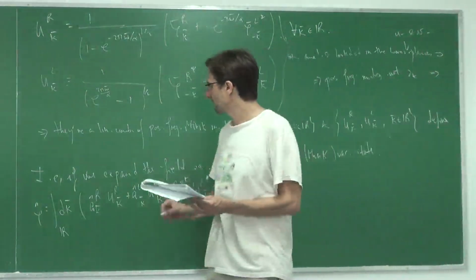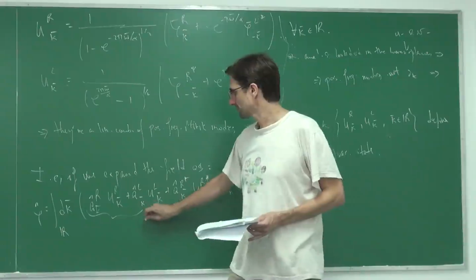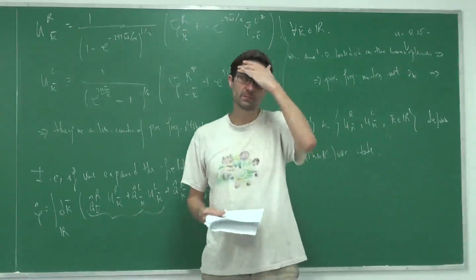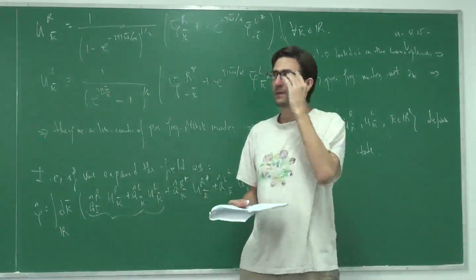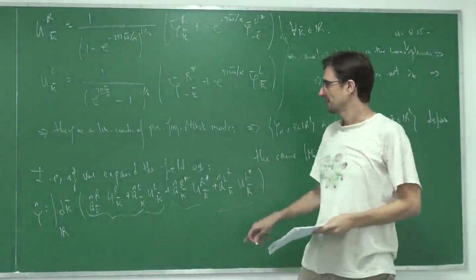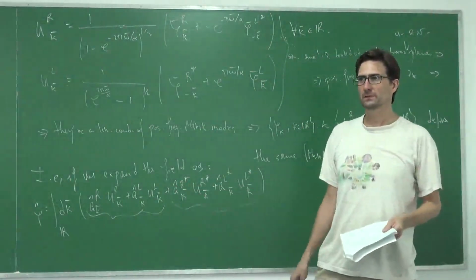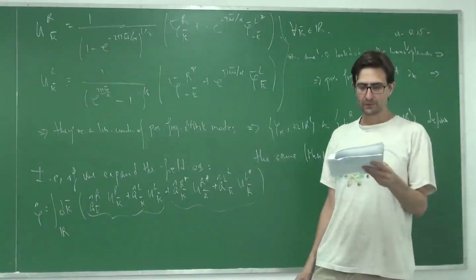As I say, you need both of them to get a basis, a complete set of positive frequency modes, and you also need to include the Hermitian conjugate of that to get a full solution.